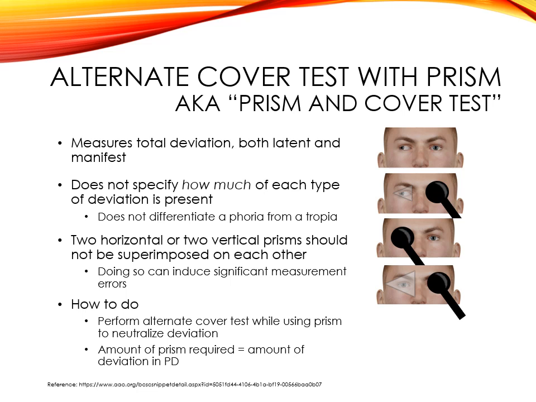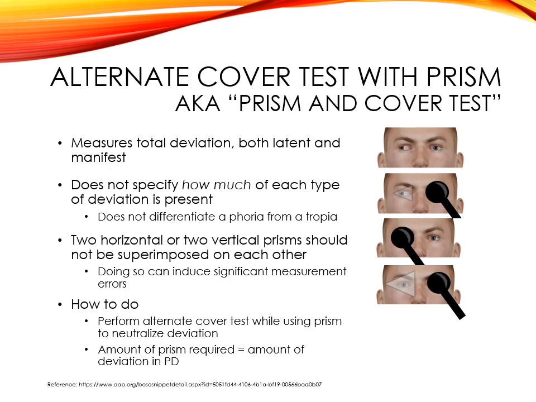Two horizontal or two vertical prisms should not be superimposed on one another because this can induce significant measurement errors. Their values cannot be directly added either. A more accurate method for measuring large deviations is to place prisms in front of each eye, although these are not perfectly additive either.